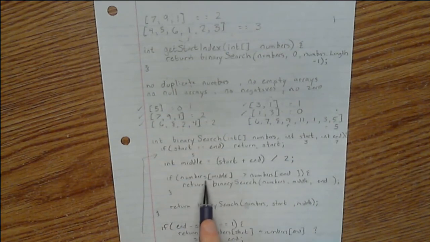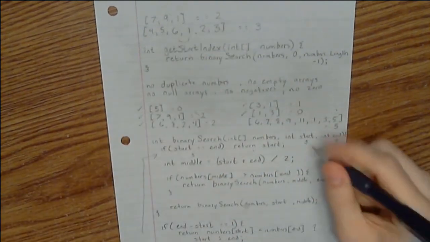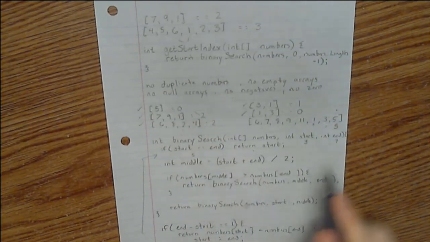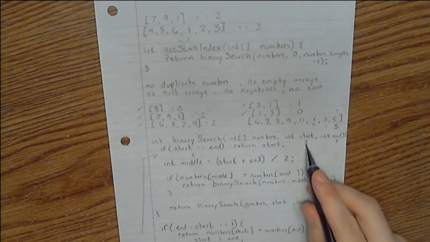If the number at the 5 spot, which is this 1, the 1 is greater than the 5, this is false, skip this. Now we return. Our new start is 3, and the middle is 5.